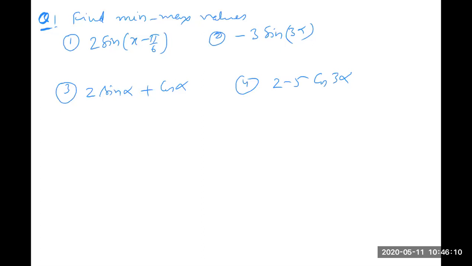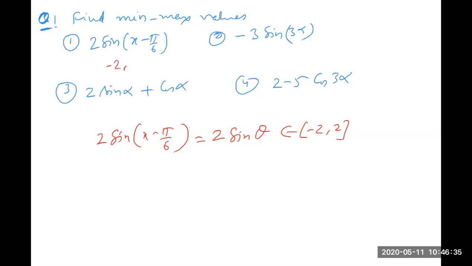So the first of them is 2 sine of x minus pi by 6. You must not bother about what this x minus pi by 6 or 3x or 5x is. Basically, it is in the form of 2 sine theta, and theta can be any variable. So this will belong to minus 2 to 2.